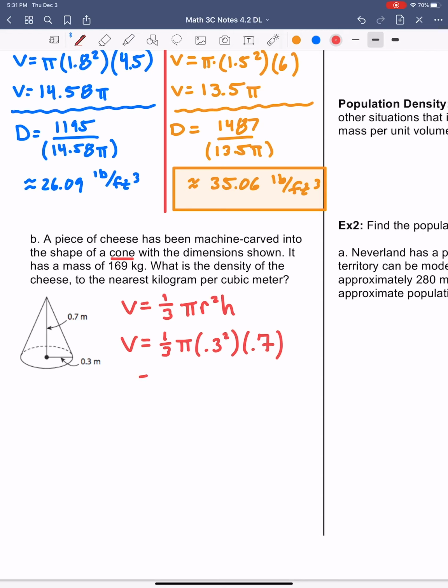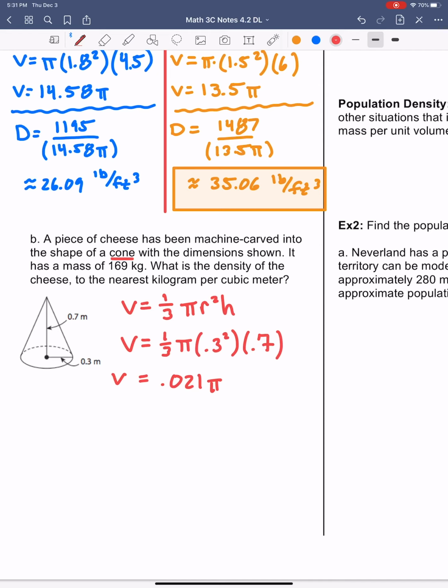And I can multiply this all together, and I'll end up with 0.021 pi. So the process for that, if you're confused on how I end up with 0.021, I would first do 0.3 squared, then multiply it by 0.7, and then divide it by 3. And I'd end up with 0.021. So that's my volume for that cone.